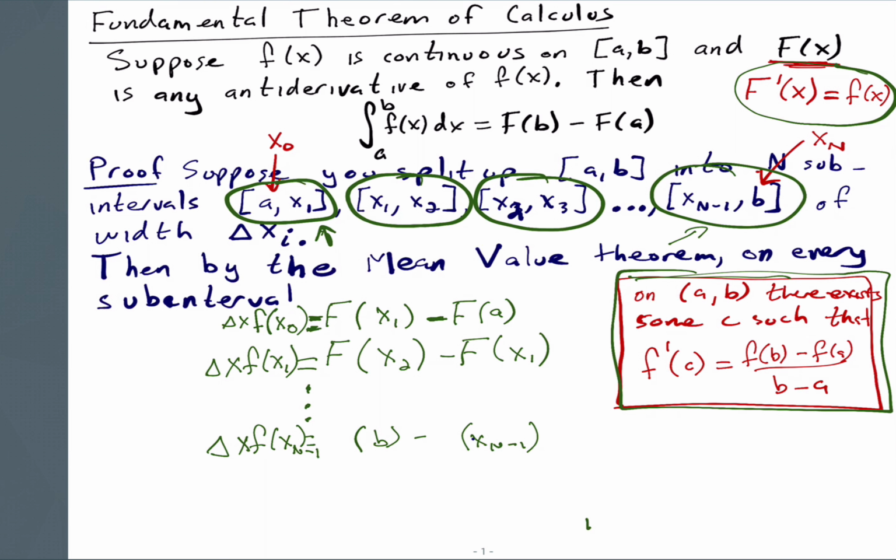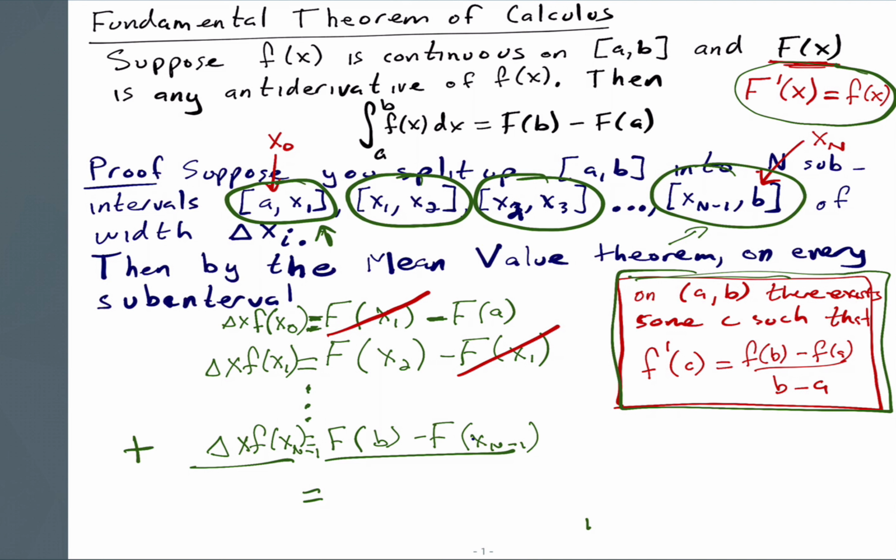Okay. All right. So now maybe you will notice. Do you guys notice anything interesting there? For example, what if you add up all of those? What do you get on the right side if you add up all of those? It's just capital F of b minus capital F of a, right?